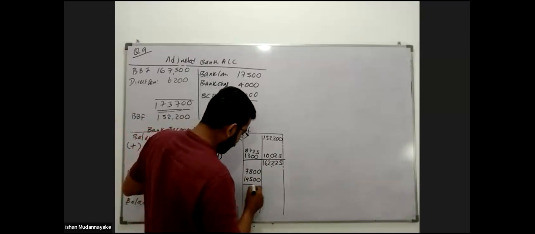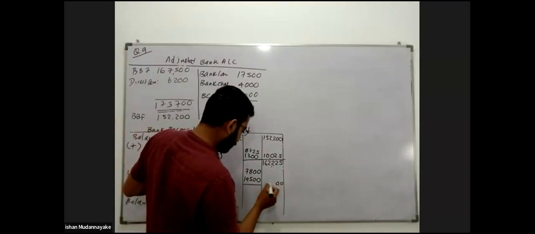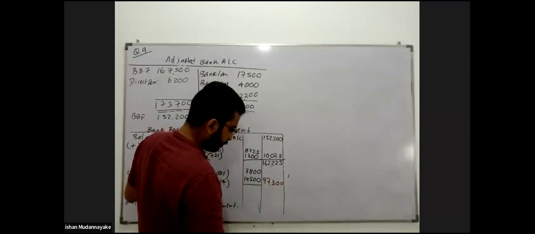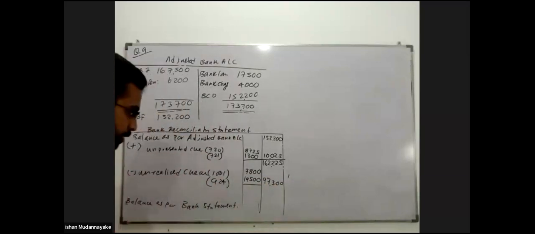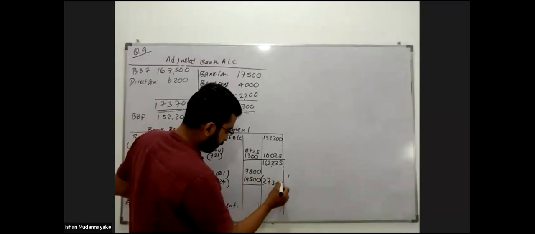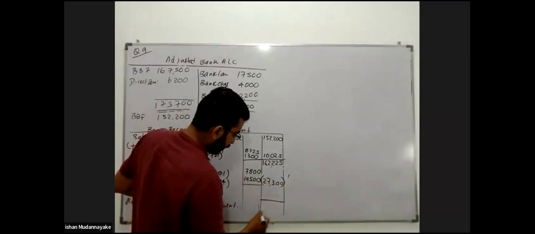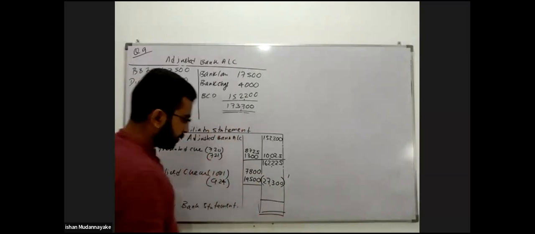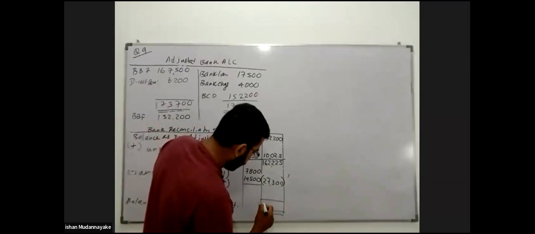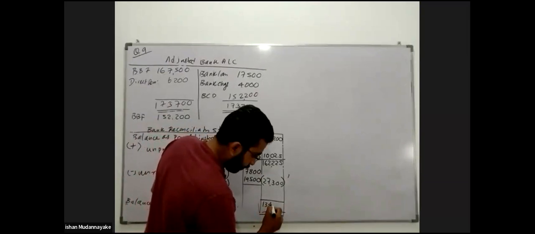And then minus unrealized checks 27,300. Yes, sir. And then the balance as per bank statement, how much? 134,925. Right.